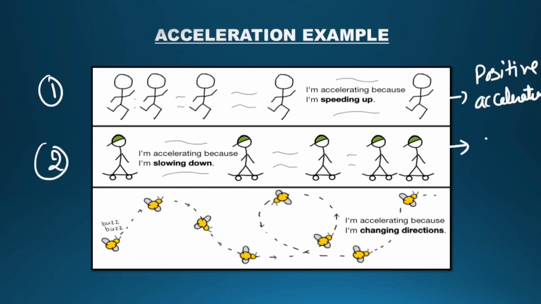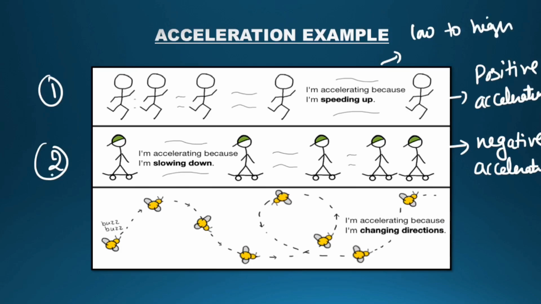Here, the boy experiences negative acceleration. While speeding up, the velocity changes from low to high value. While slowing down, the velocity changes from high to low value.